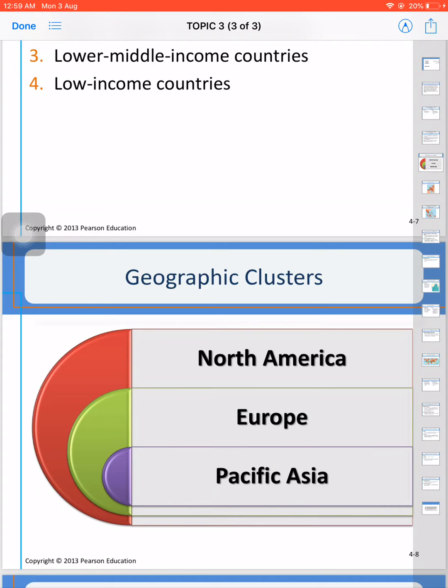In this part, North America is the world's largest marketplace and most stable economy. Europe includes both Western and Eastern regions. The European Union now has integrated all regions of Europe, creating a larger unified marketplace.